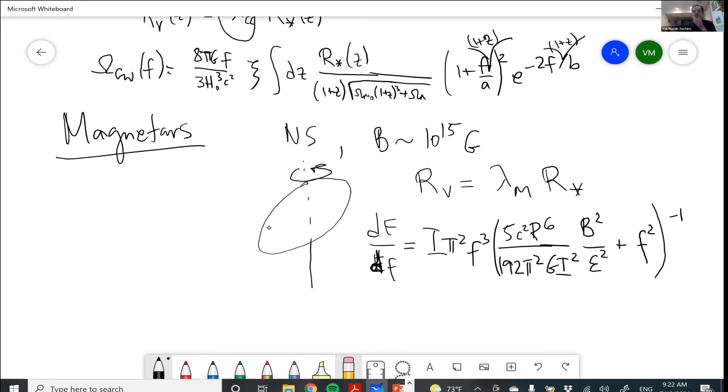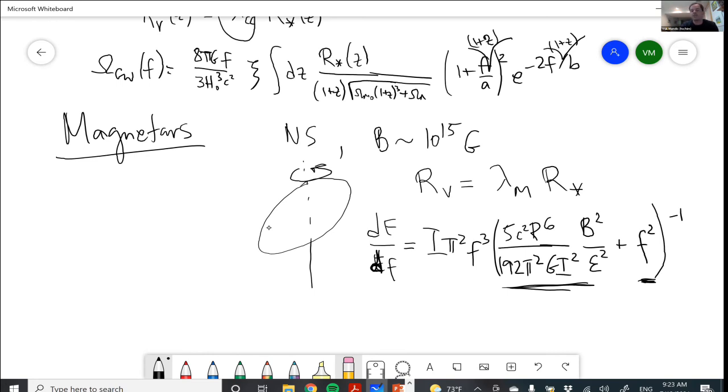A few things to note here. The first term is basically coming from the slowdown due to the acceleration of this magnetar due to the electromagnetic radiation, whereas the second one here is due to the emission of the gravitational radiation itself.